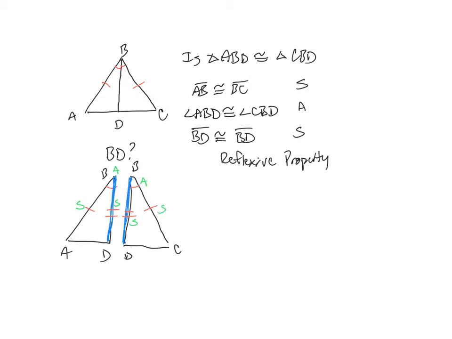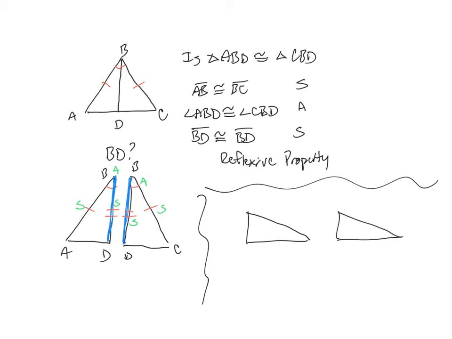Okay? So just to label something differently, if you had these two triangles, and it labeled those angles as right angles, so I know those are congruent, and then it labeled it like this.